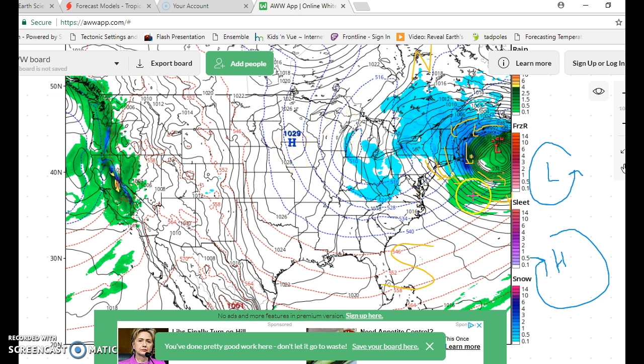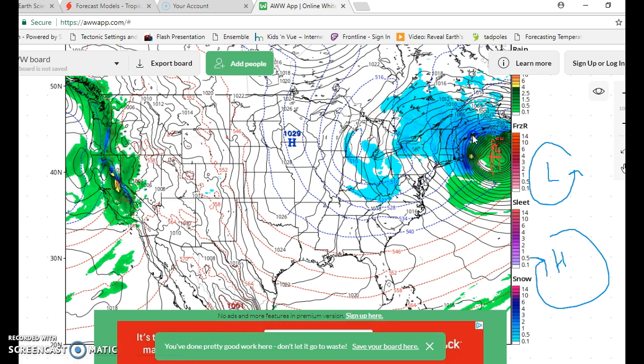Now, high pressure works exactly the same way. We could replace all these arrows. Let's get rid of all these guys. And let's say this storm system out here instead was high pressure. You can kind of see my H there. You would do the same thing. You would take your arrows, you would draw them in, but this time they're going to be going that clockwise direction, kind of going off the map here.